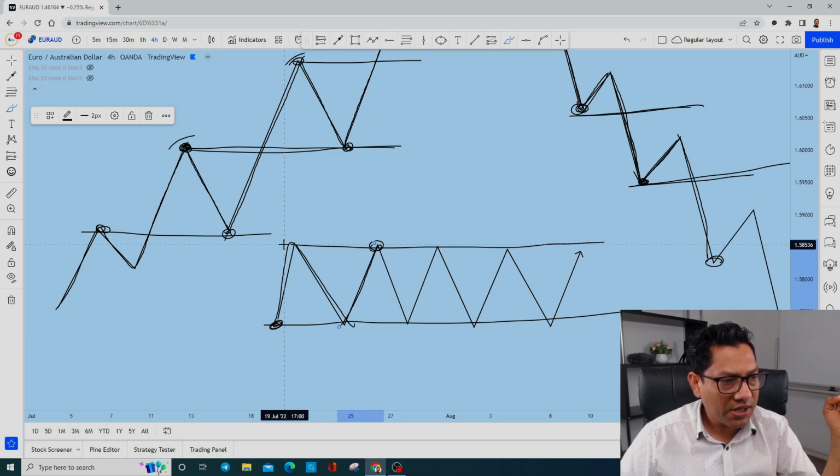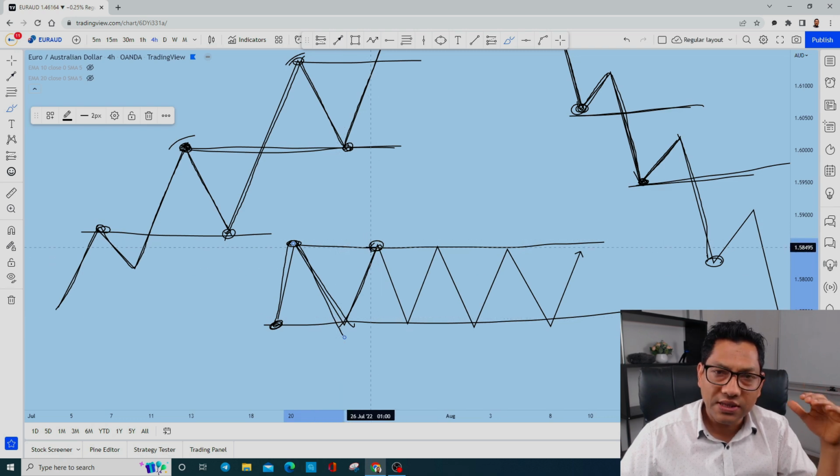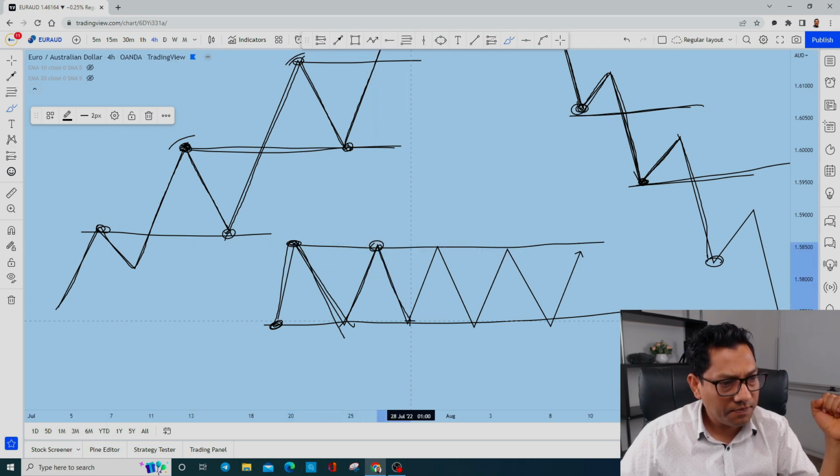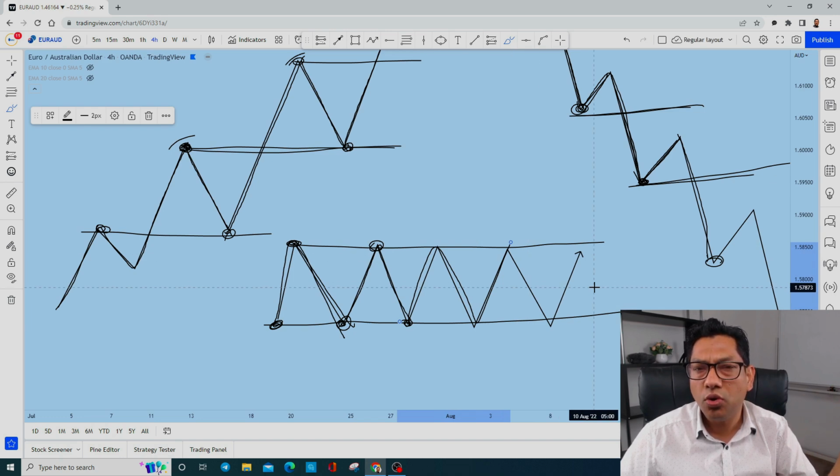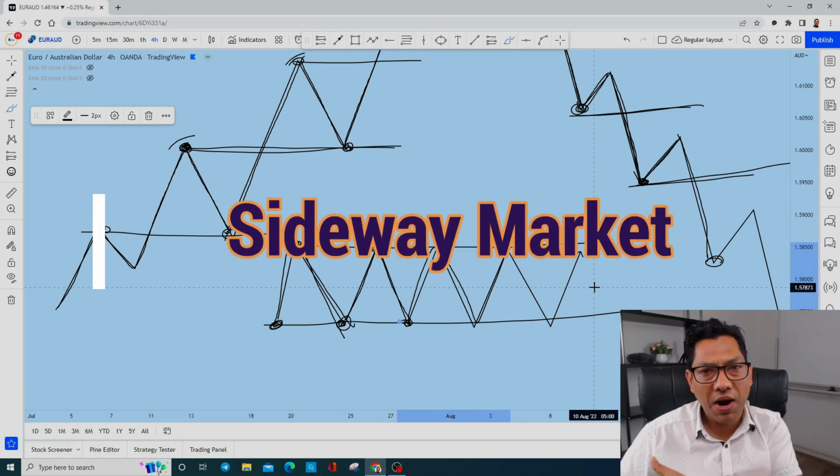When the price came to the previous level, we saw that from the same zone the sellers sold the market and pushed the price down, and again from the same zone we could see the sellers selling, pushing the price down to the same level of support and doing it back and forth. That is what we call a sideways market.